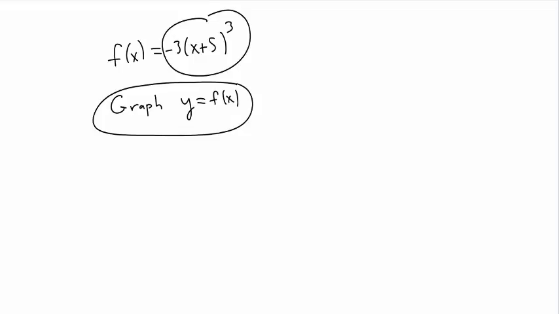Among all the functions defined by those basic formulas, this one is naturally modeled upon x cubed. So we can arrive at our function by taking the function defined by the formula x cubed and applying a sequence of transformations to it.